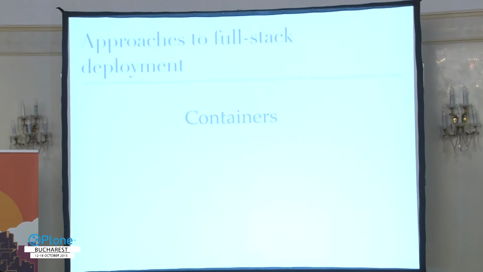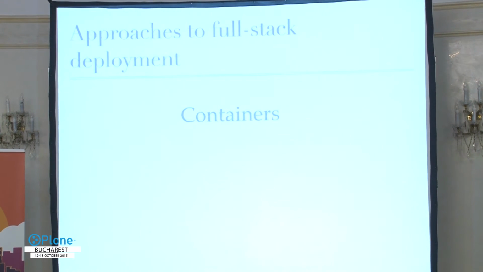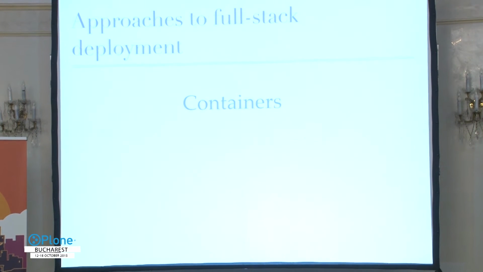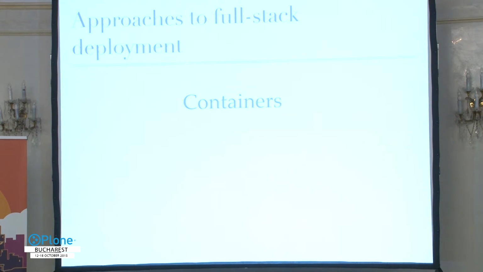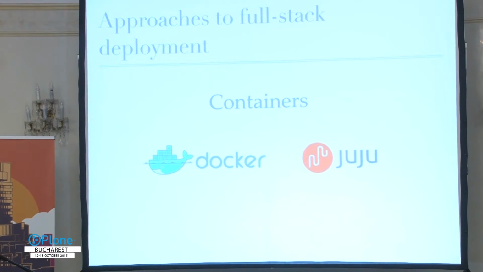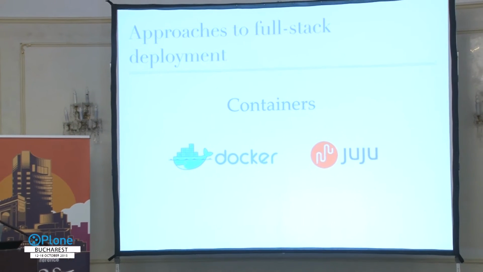So there are different approaches to doing this kind of thing. Two major paradigms, if you will. One is using containers. An example of containers, or two examples of containers, are Docker and Juju.